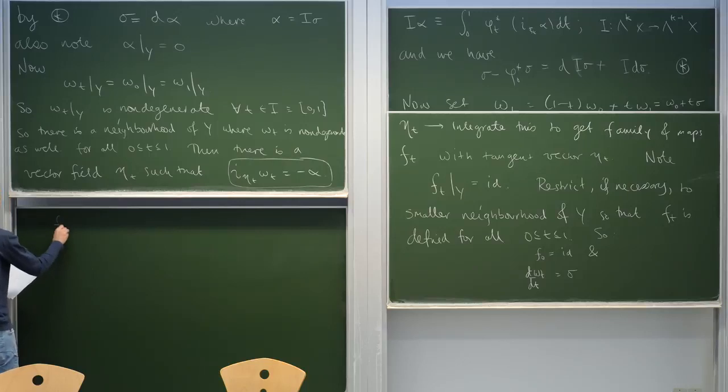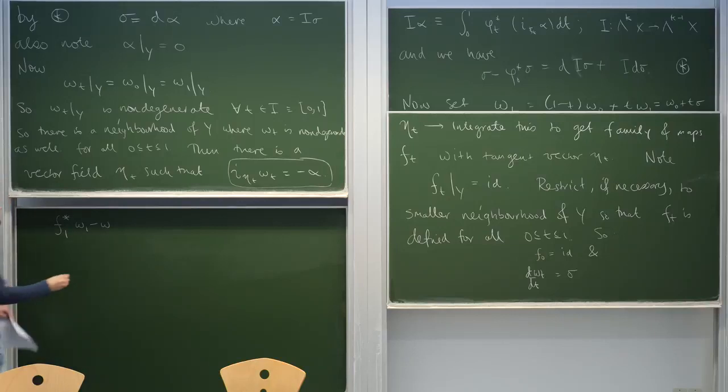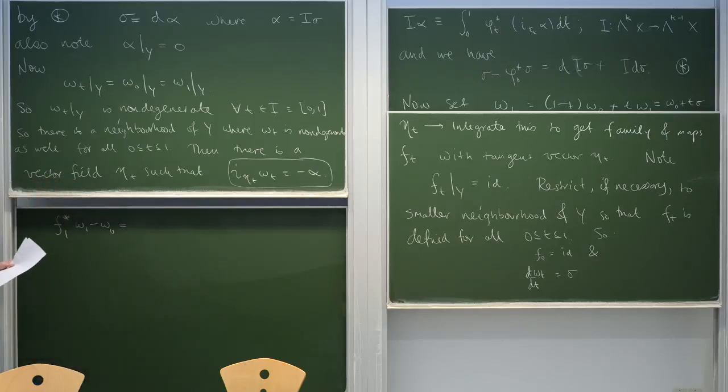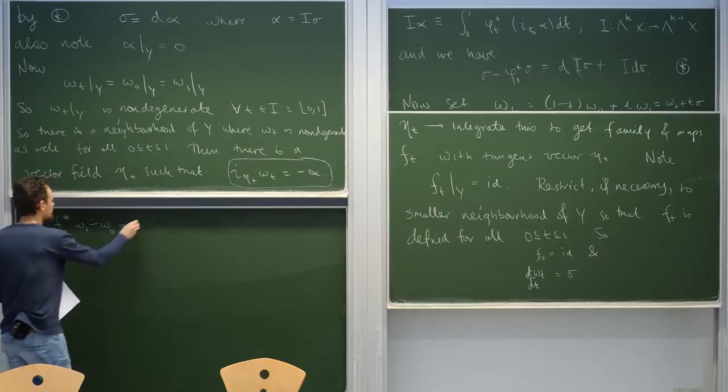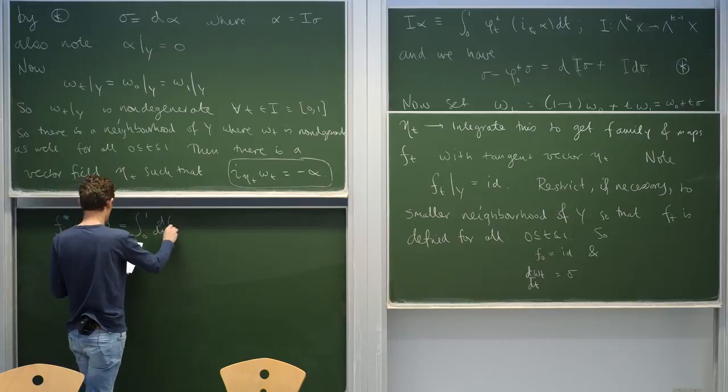Okay, now let's apply again the trick of differentiating and integrating. Let's now look at what happens if we apply f_1 star to omega_1. How can we get that expression? Well, we know how to get that expression. We integrate the derivative. So we do it twice in the course of this proof.